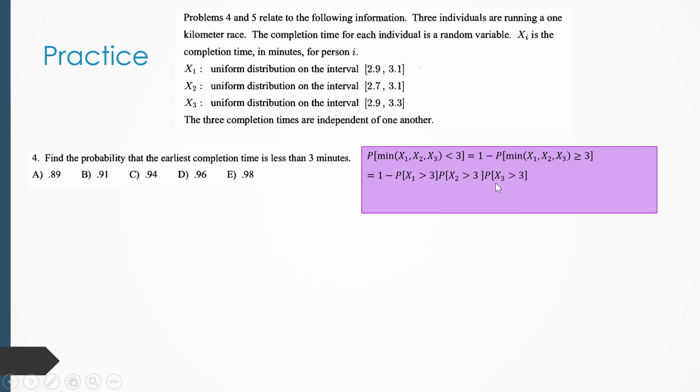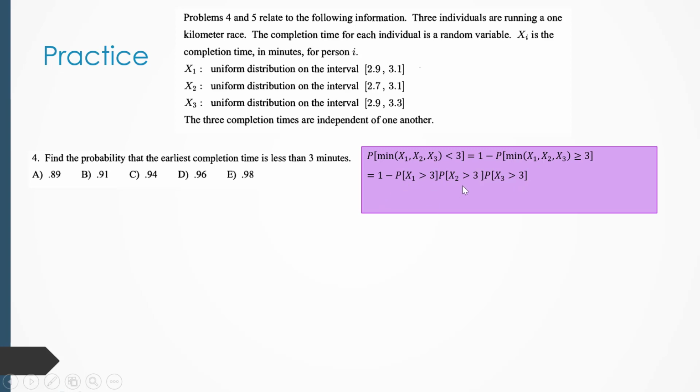One common mistake here: some people use the addition rule, like they think the minimum of X1, X2, X3 less than 3 means either X1 less than 3 or X2 less than 3 or X3 less than 3, but then the problem becomes more complicated because you have to work with the addition rule. So here I use the complement rule first, so the problem becomes much easier, much simpler.